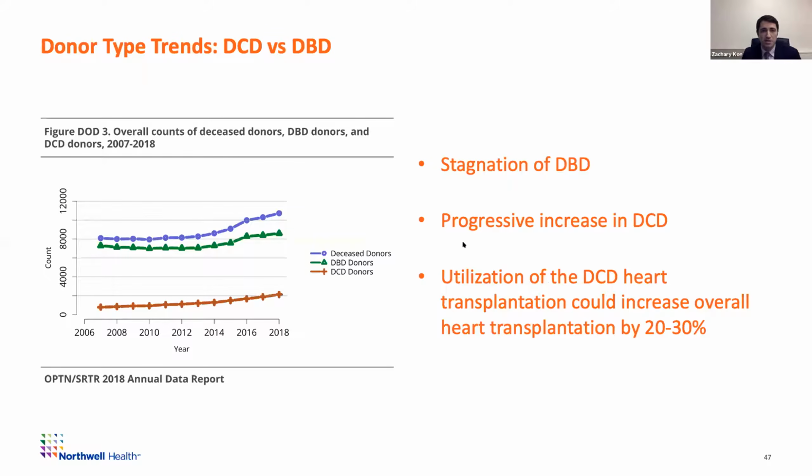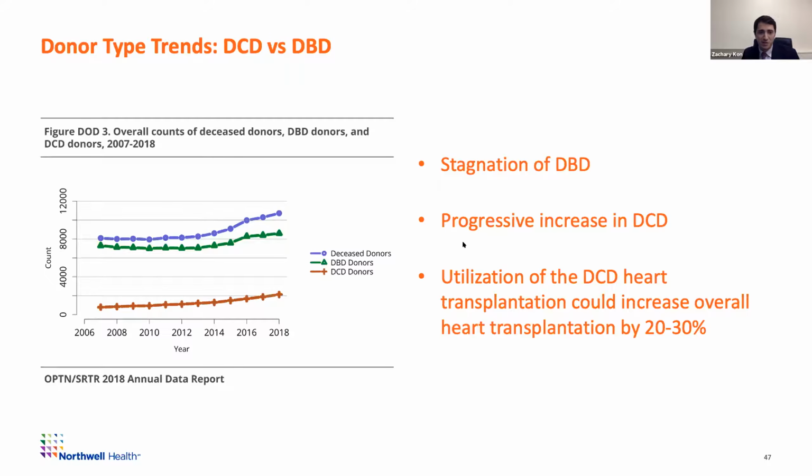Just comparing DBD to DCD trends over time, there was an increase, again, as was stated, probably just secondary to the increase in the opioid epidemic, but that has relatively plateaued in regards to brain dead donors. However, there continues to be an upswing in DCD donors, despite a relatively stable opioid pandemic, that has allowed further and further encroachment by the thoracic organs into something that's been utilized for many, many years by the abdominal teams quite well.